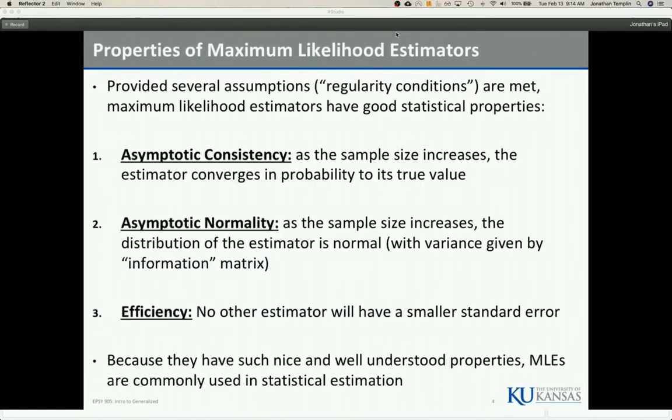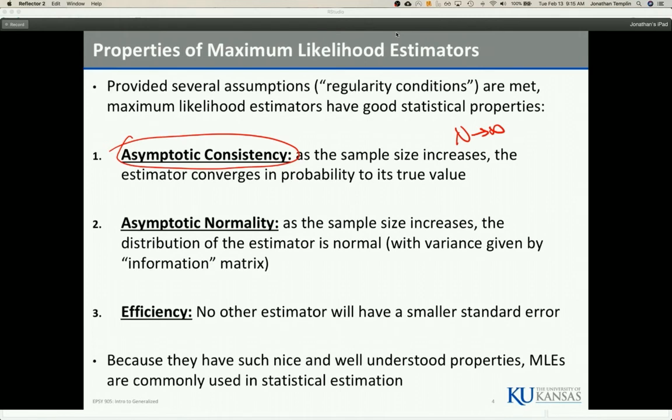We like maximum likelihood estimators because when we meet the assumptions of the estimator, they provide us with some very nice properties that lend a lot of trust to the numbers that come out of the computer. Those properties are described as asymptotic consistency, meaning as n goes to infinity, which is another way of saying the bigger and bigger your sample size gets, the estimator converges in probability to its true values.